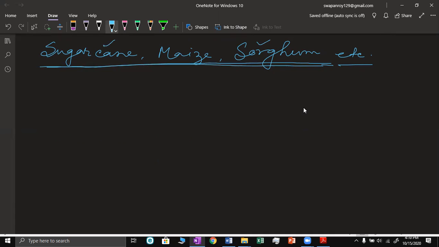Of course, the C4 cycle takes place in mostly monocots and some dicots also.